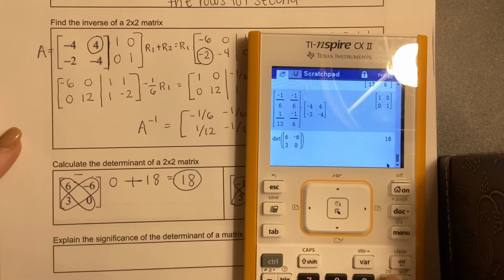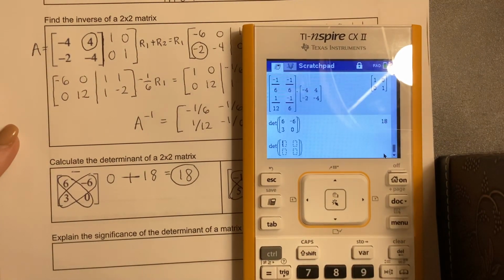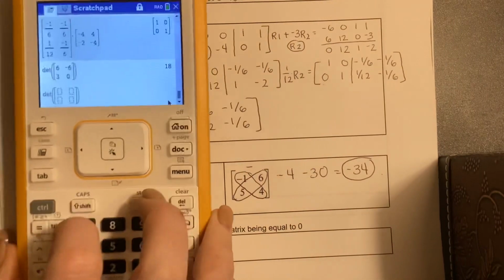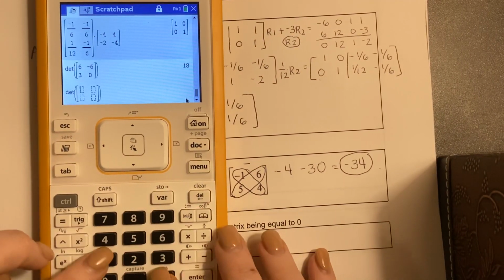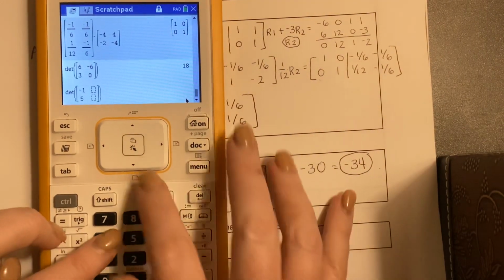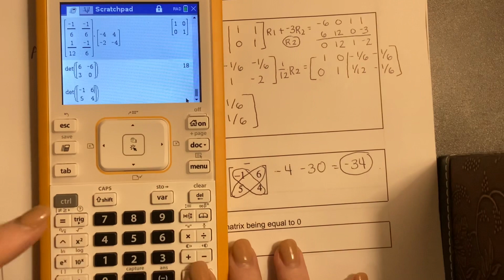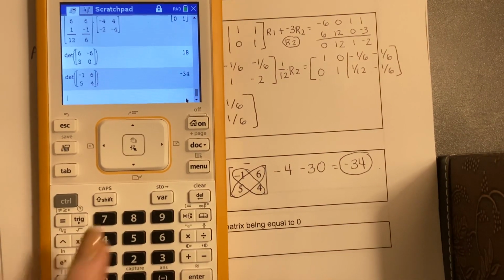If you did the other one, menu 7, 3, you're going to type in -1, +5, 4, +6, enter, -34. Okay, so if that comes up on the calculator, you can do that too.